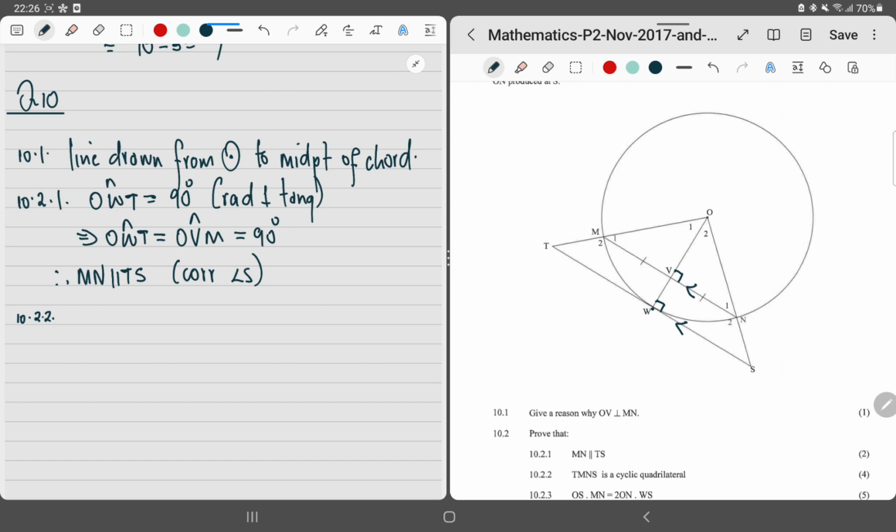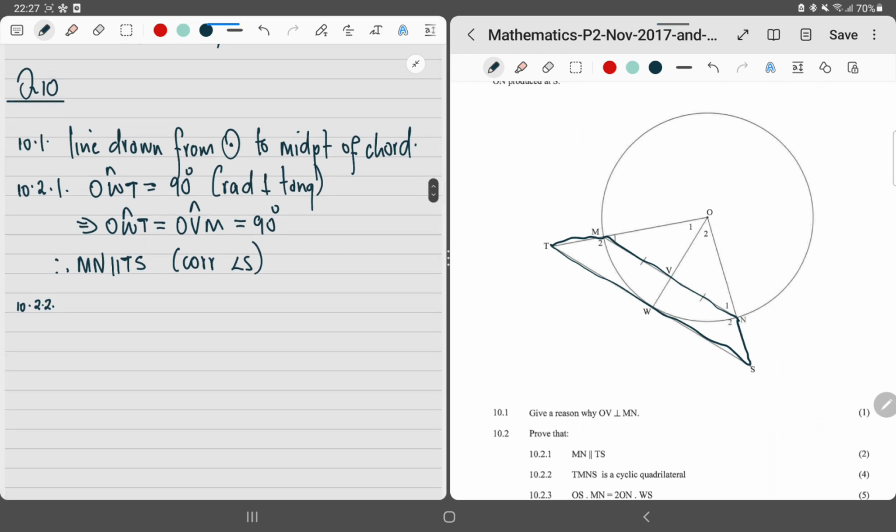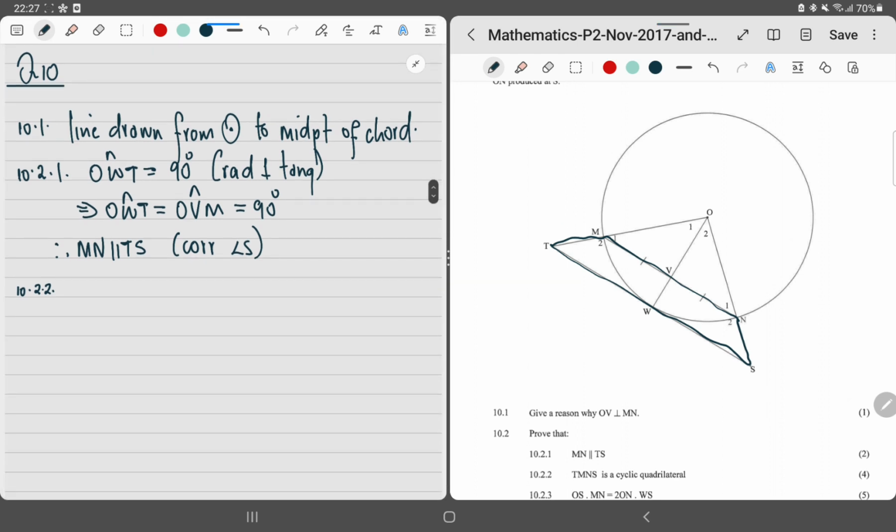10.2.2. Prove that TMNS is a cyclic quadrilateral. Okay, so we still have those parallel lines there. So M1 is equal to N1 because this is a radius and that is a radius.